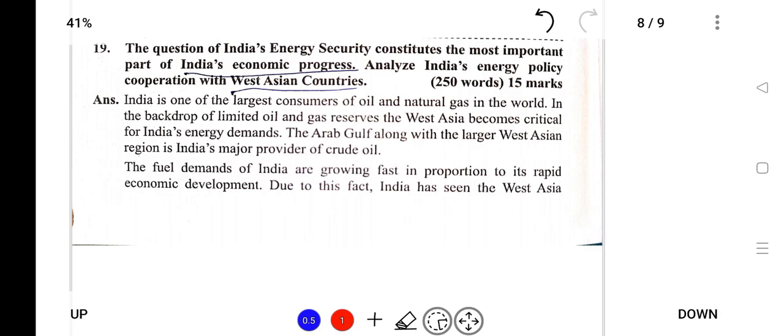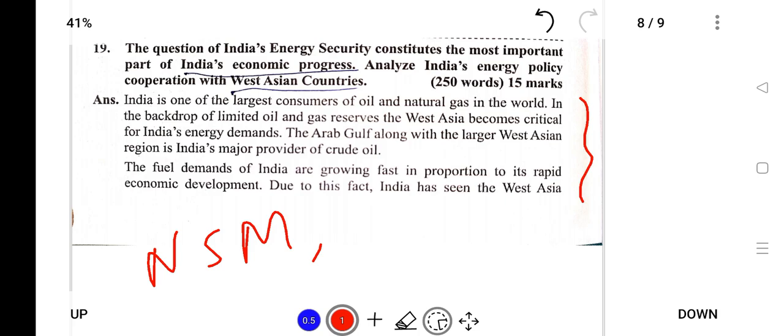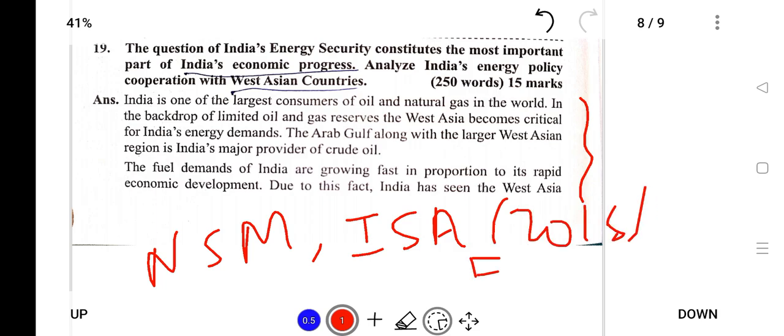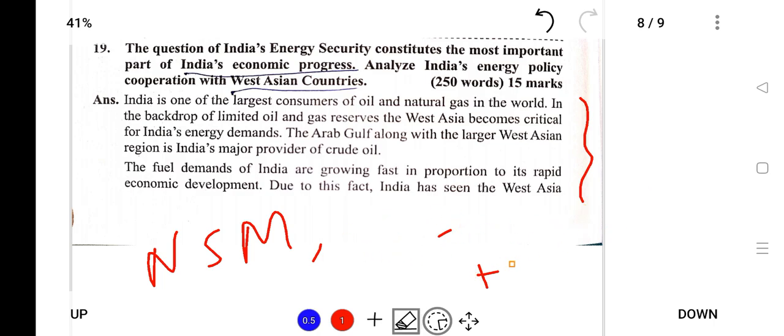Next. The question: India's energy security constitutes the most important part of India's economic progress. Analyze India's energy policy in cooperation with Western Asian countries. So this is an example of the energy security of India. We know that India has launched the National Solar Mission, and it is also a signatory of the International Solar Alliance, which was established in 2015 in collaboration with France at the Conference of Parties.